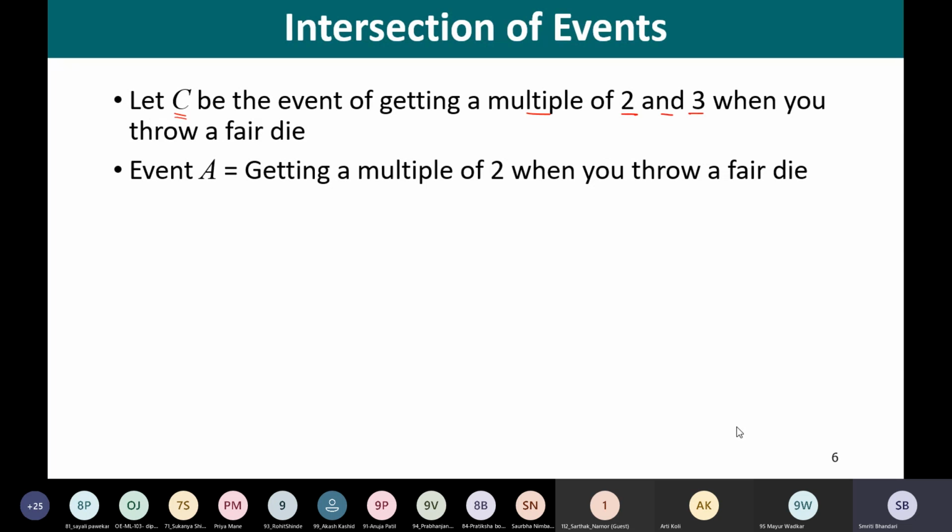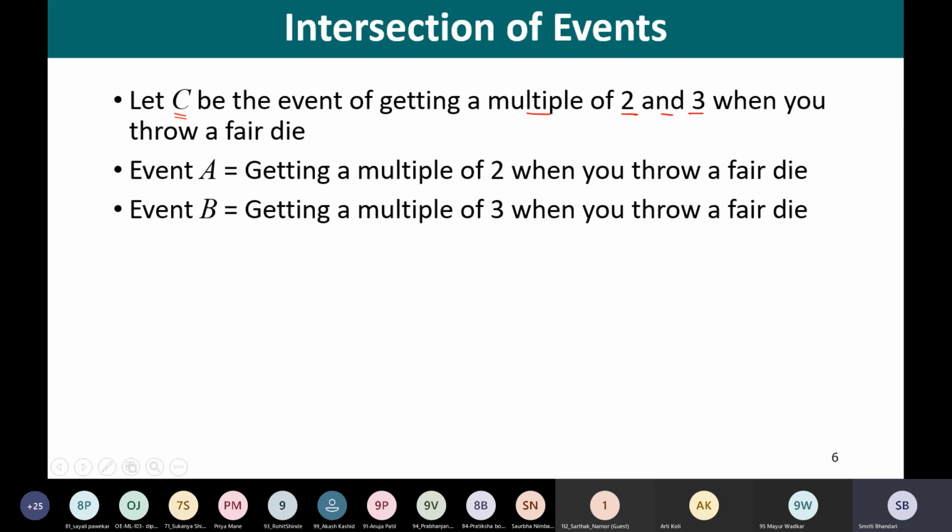We describe event A as getting a multiple of 2 when we throw a fair die. And we may define event B as getting a multiple of 3 when we throw a fair die. And what is C?